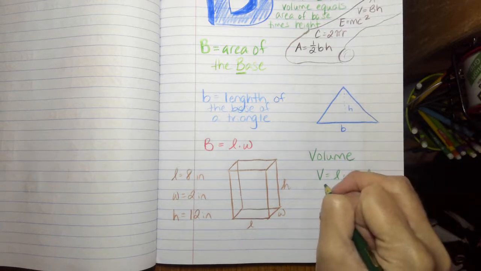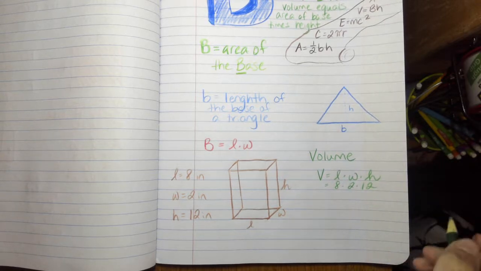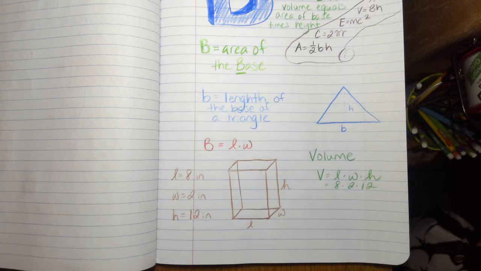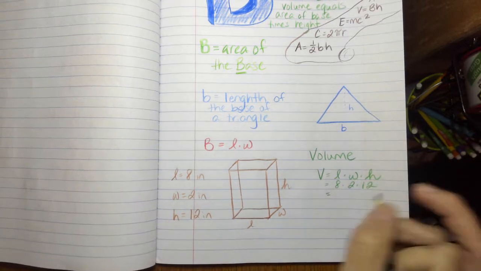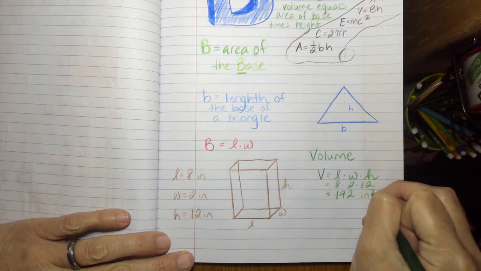So it's 8 times 2 times 12. 8 times 2 is 16. 16 times 12, I'm doing the math real quick, is 192, I believe. And if I'm wrong, come tell me and you can have tickets. 192 inches cubed.